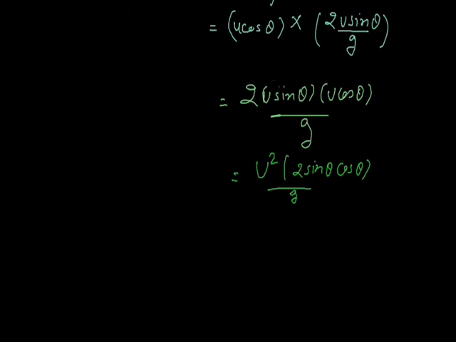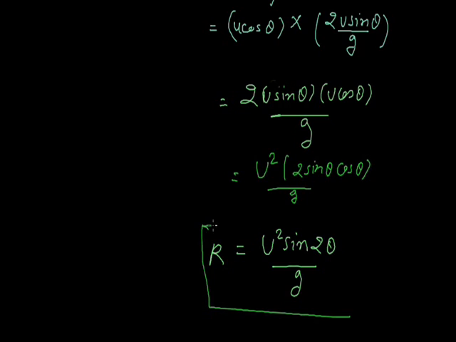We already know that 2 sin theta cos theta is sin 2 theta, so it will be u square sin 2 theta by g, the range in projectile motion.